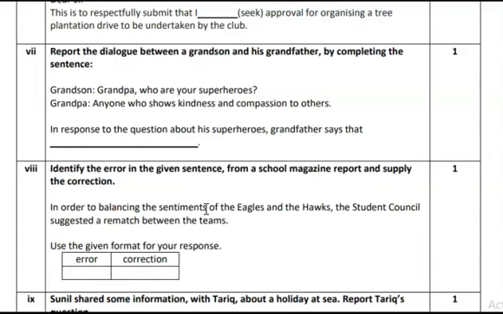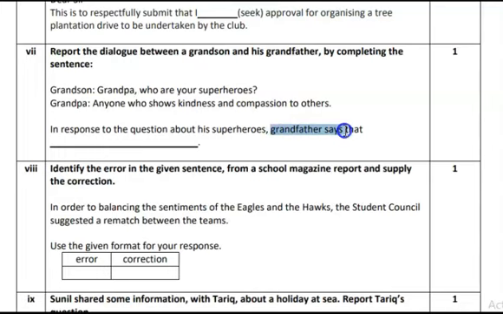Let me take you to question number 7. Grandson: Grandpa, who are your superheroes? Grandpa: Anyone who shows kindness and compassion to others. The description goes, in response to the question about his superheroes, grandfather says, and this point is very, very important.